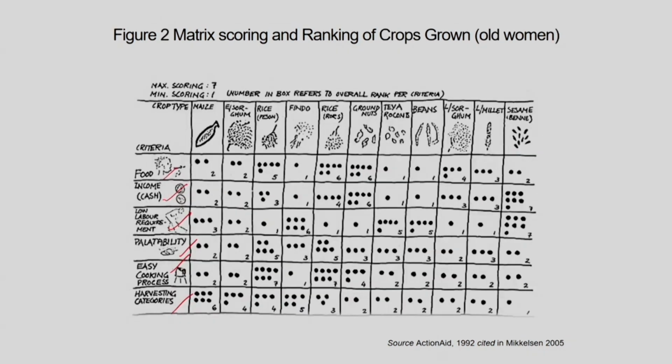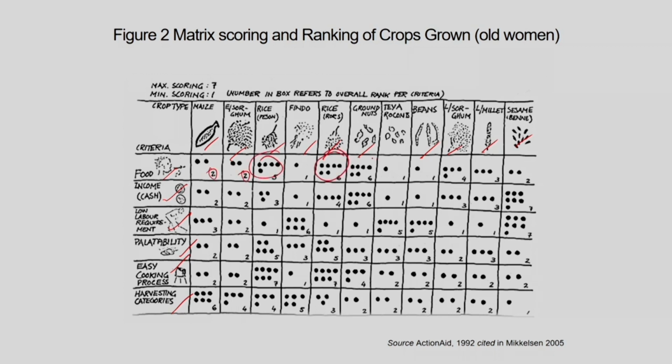And clearly there are also differences in the crops that are being ranked by the older women. Here in case of maize, sorghum, rice, findo, different kinds of rice, groundnuts, beans and so on, millets, sesame and so on. Now, these are the scores that are given by the older women in terms of food.